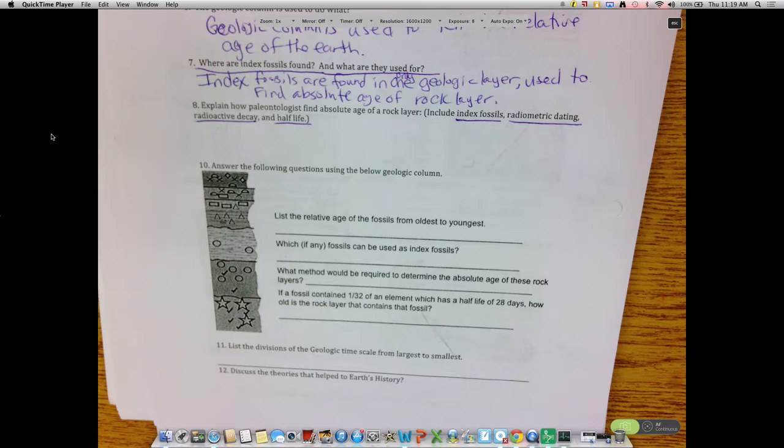Which notes, who remembers which notes we use to do that? Jayla is so enthusiastic today. I love it. Which notes? Absolute dating notes, page 7. Page 8, maybe some of it, but page 7. Everyone go to page 7 of their notes and tell me where we can find a portion of this answer to help us out.